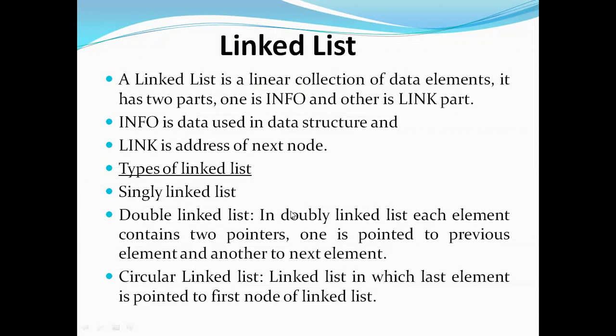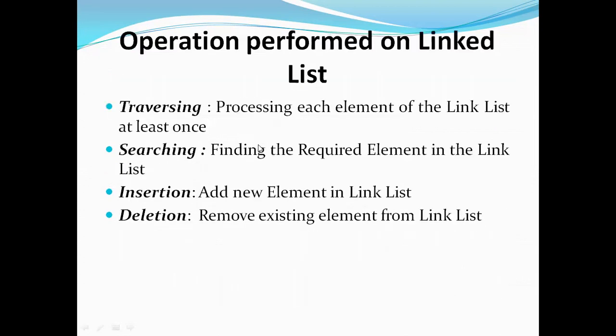In a double linked list, each element contains two pointers. One points to the previous element and another points to the next element. In a circular linked list, the last element points to the first node of the linked list. Again, the various operations that we can perform on a linked list are traversing, searching, insertion, and deletion.